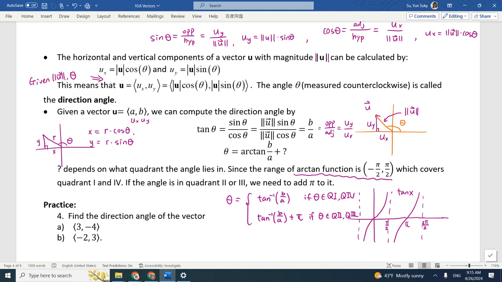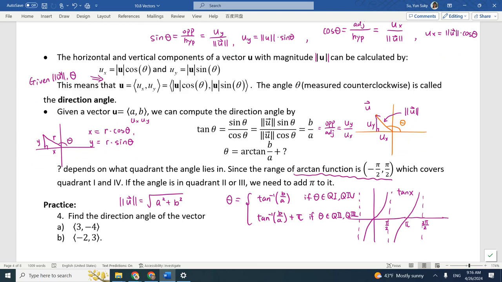So this is how we find the direction angle, plus the magnitude. We know the magnitude of u is going to be the square root of a squared plus b squared, if we're given u is ab. Okay, everybody?